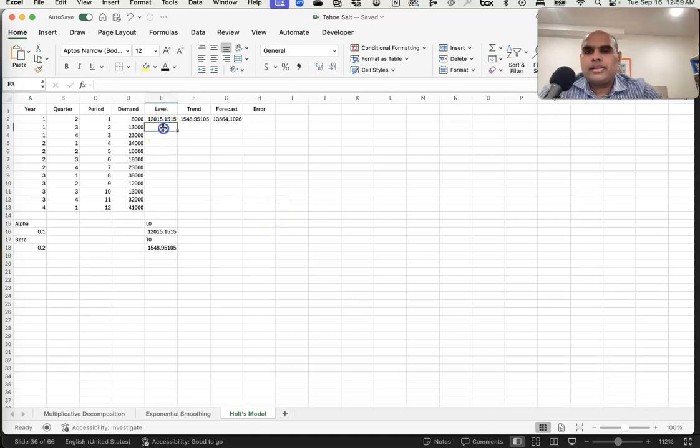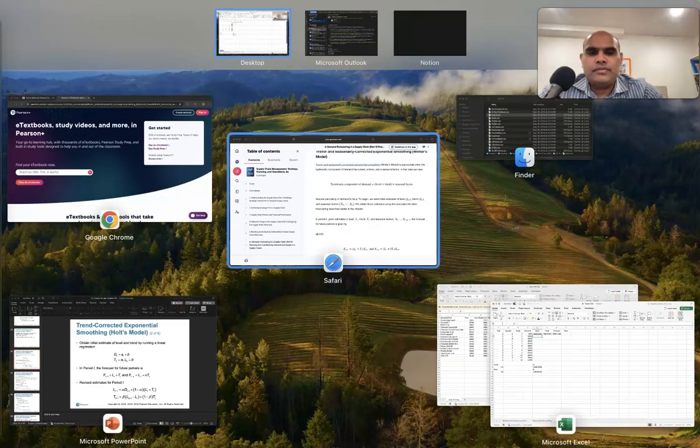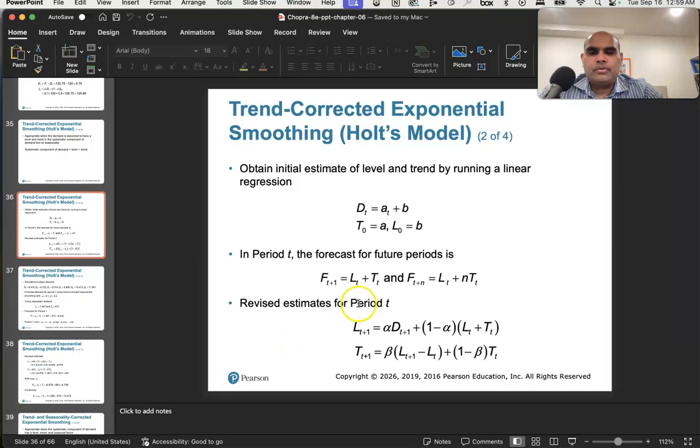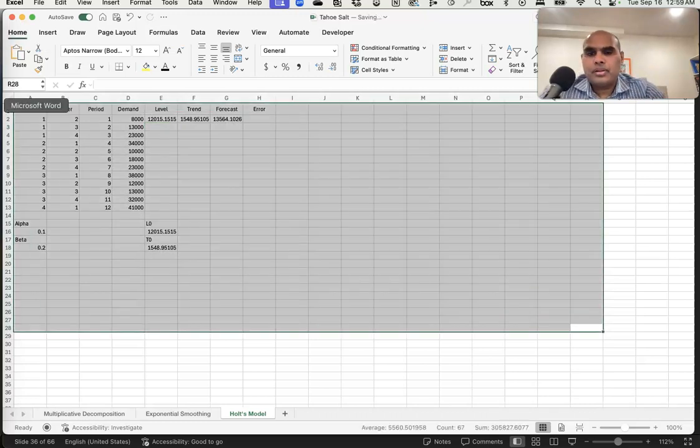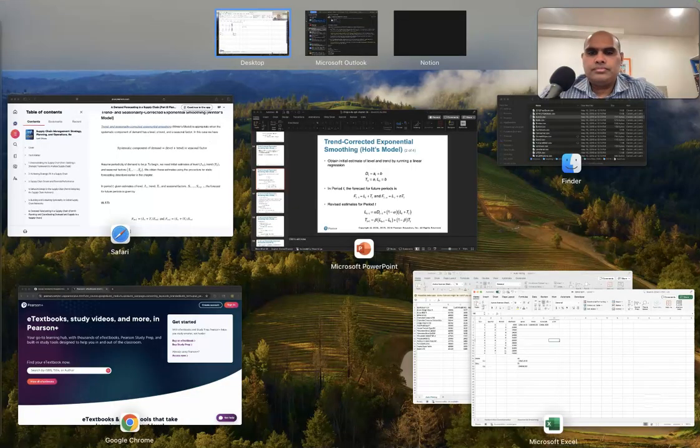Okay, so how do I calculate level? The formula for level is pretty straightforward. It is alpha times the demand plus 1 minus alpha times the forecast that we have, which is just level plus trend, right?